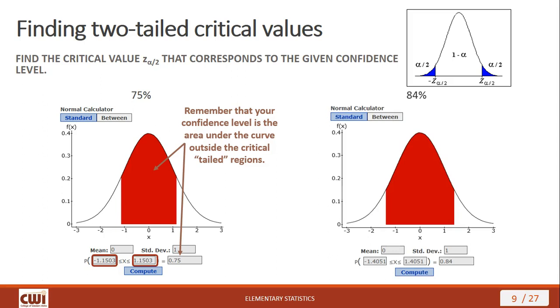In our normal calculator, we're going to select the between option and then click on 84%. This gives us our two critical values, negative 1.41 and 1.41. Both of those values together are the critical value. So it's not just 1.41, it's the positive value and the negative value together that comprise your two-tailed critical values.